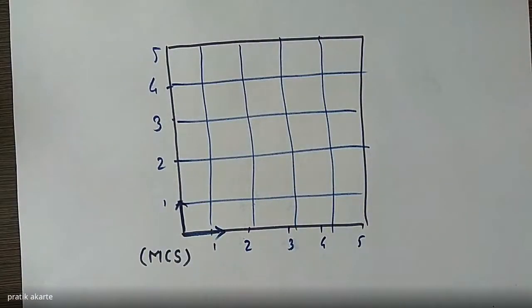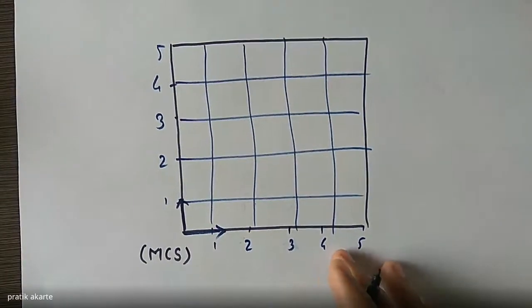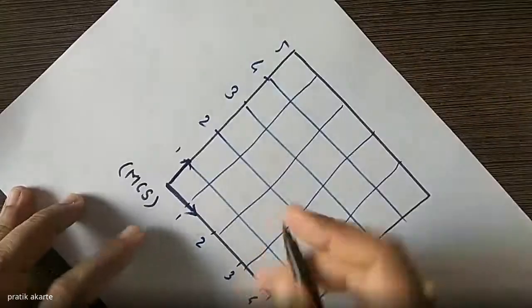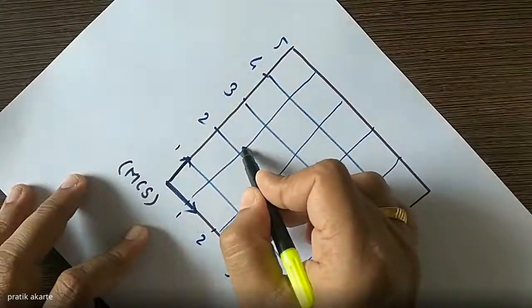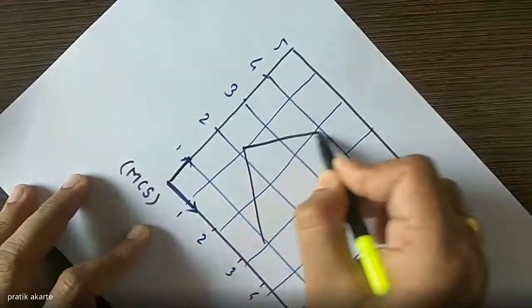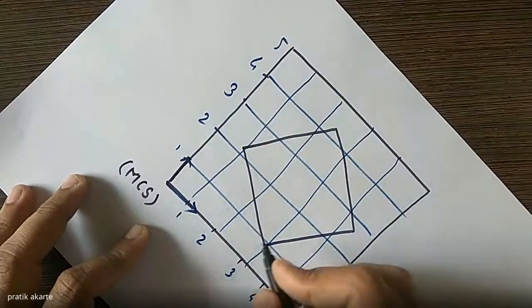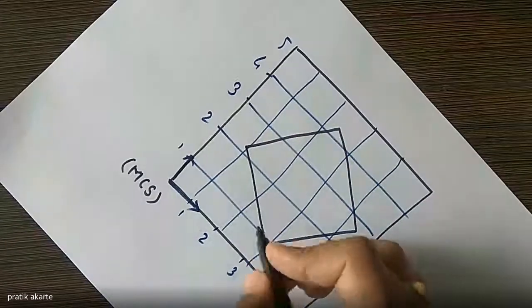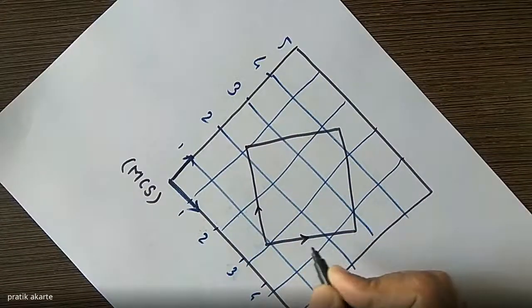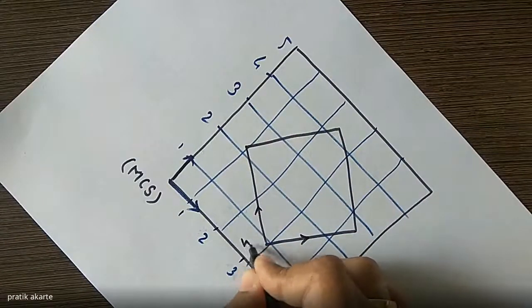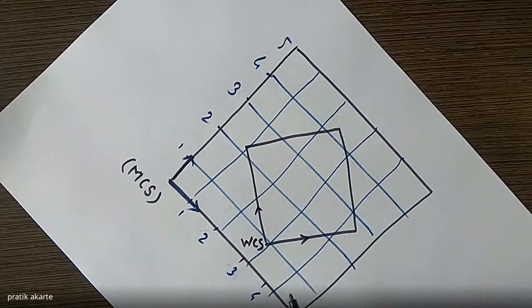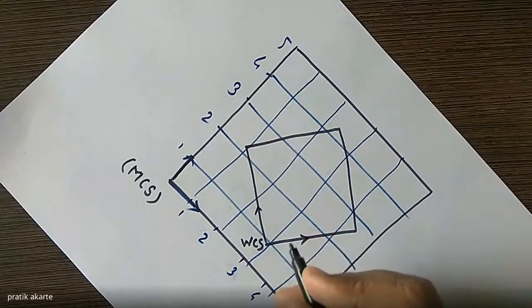Now we'll draw the user coordinate system, or working coordinate system, something like this.